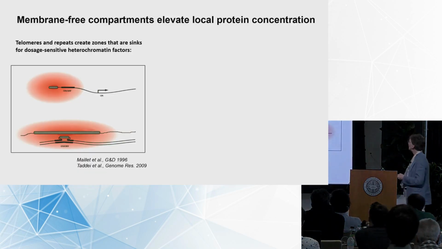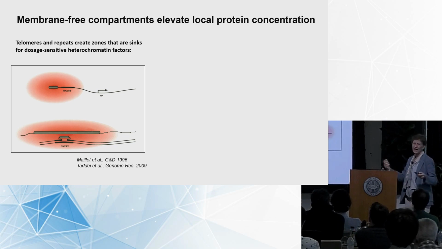So it's very old stuff, but I realize that not everybody understands that a twofold difference in silencing protein can make all the difference to the status of chromatin. And why is that? Well, it's because repeats and silent domains, and any kind of clustered sequence, will create a sink for certain proteins.